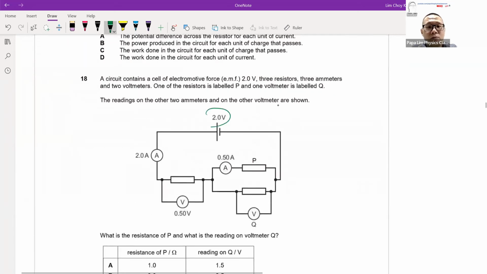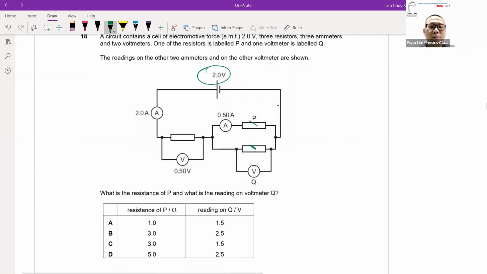The EMF is 2 volts. You have an arrangement where P and Q here are parallel to each other. Then there's a current of 2 amp flowing through. So in this arrangement, the 2 amp will be flowing through here, and at this junction, some current will go up, some current will go down.